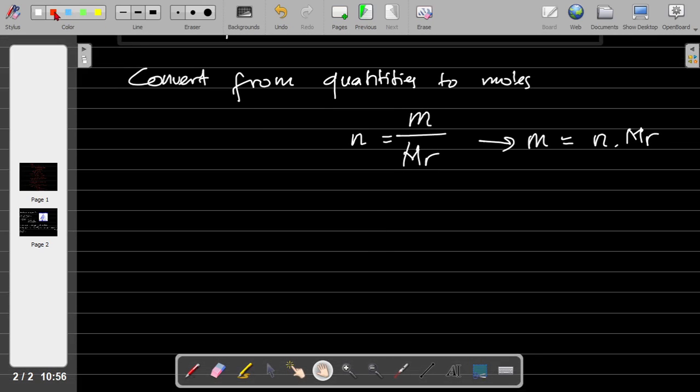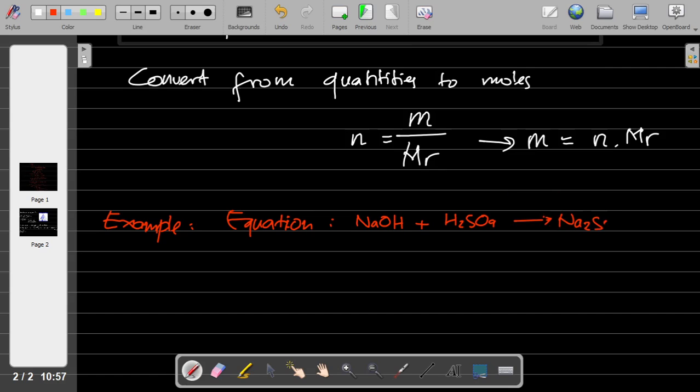Okay, so let's do an example. So I have an equation. The equation is like this: sodium hydroxide or NaOH plus sulfuric acid or H2SO4, then it will be Na2SO4 plus water or H2O.